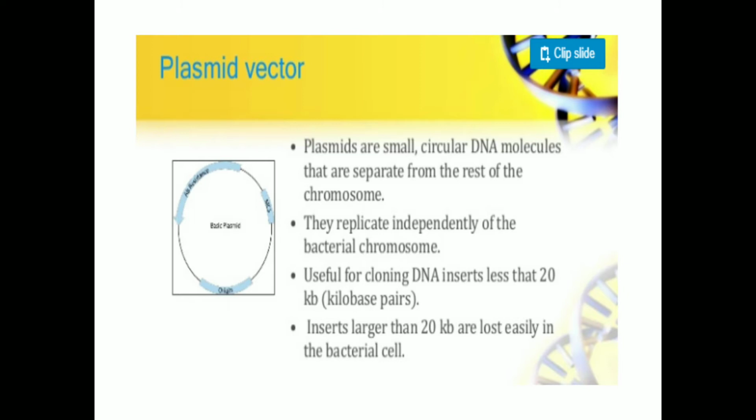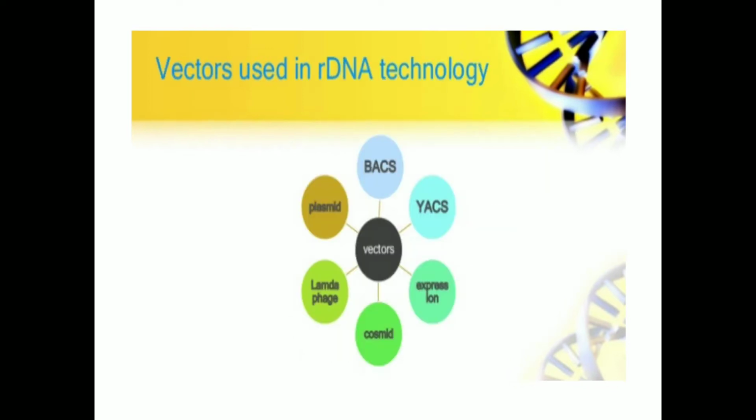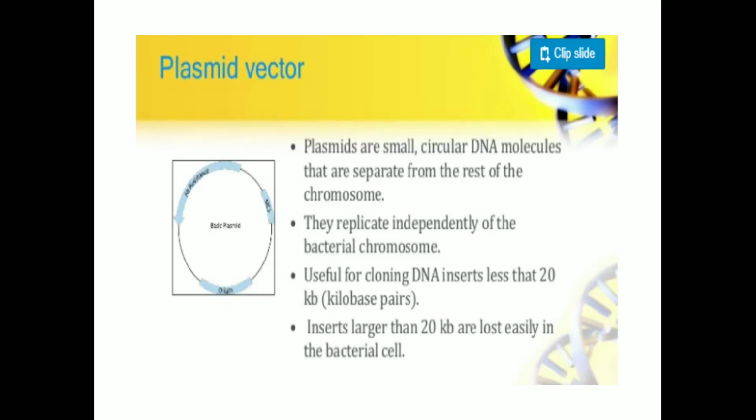In the previous slides we discussed which kinds of vectors are used, such as plasmid, cosmid, lambda phage, etc. So let us discuss these vectors one by one.